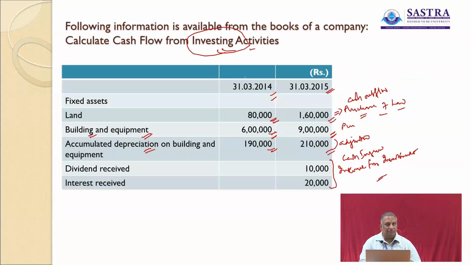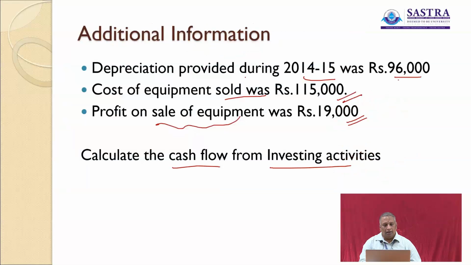The information with regard to purchase of building or equipment is very much hidden there, so we have to calculate it. So first let us find out the amount of depreciation for the equipment sold.